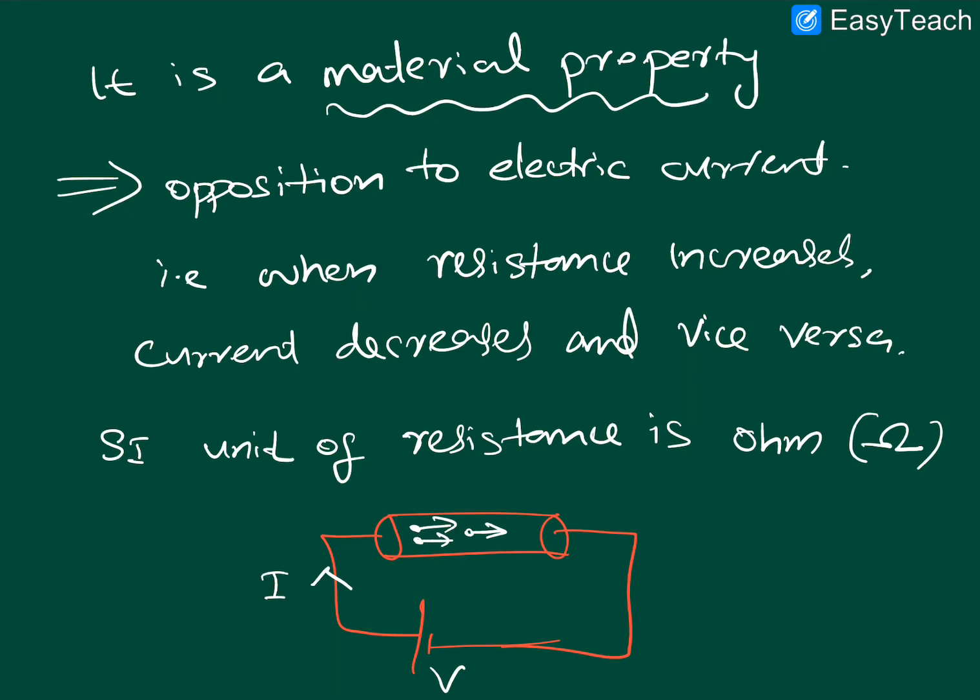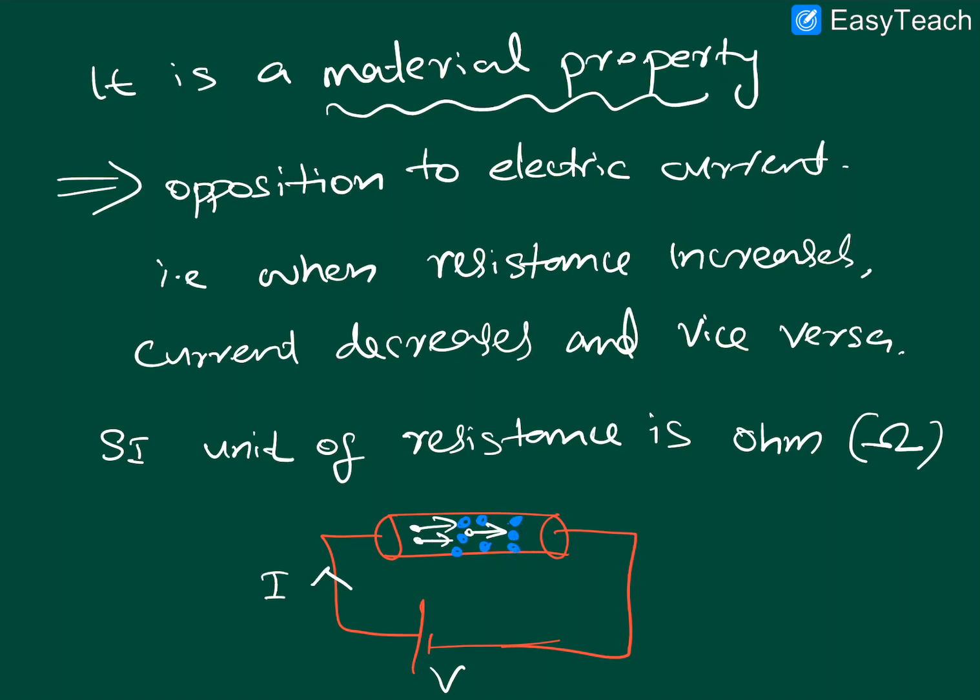But there will be opposition. These charges are moving, but something will oppose this movement. Because of this, the charged particles are not able to move freely. Your charged particles are moving in this direction, but because of the atomic cores inside the material, which are in random motion, your charges will get collided with the atomic cores.